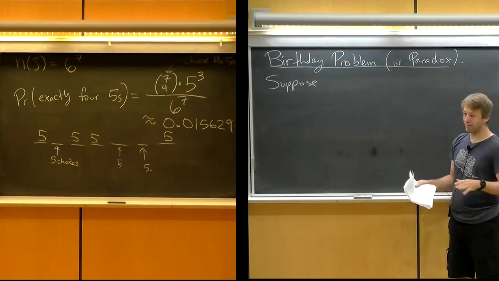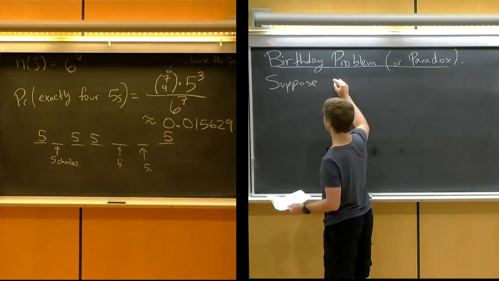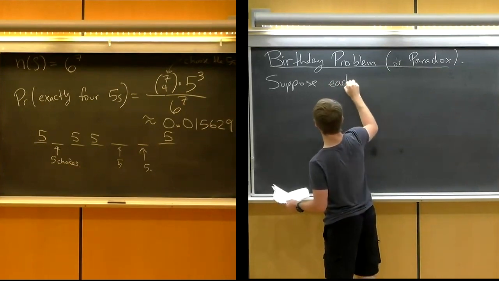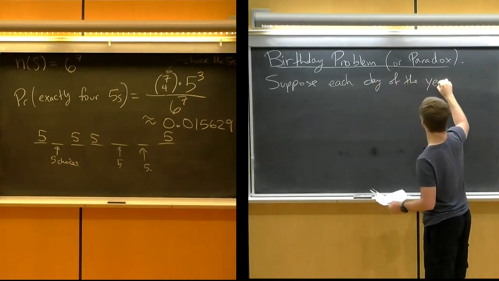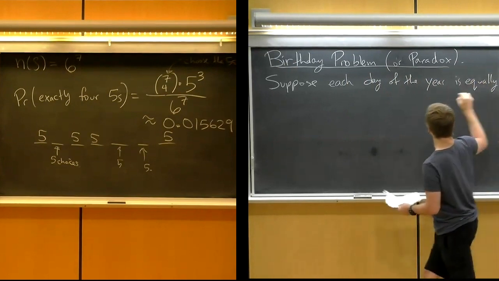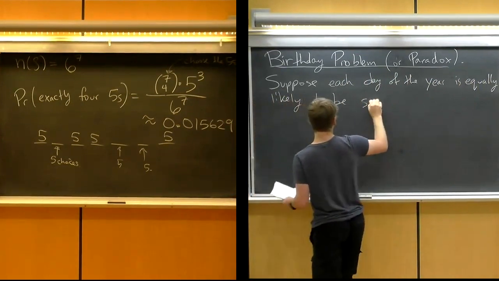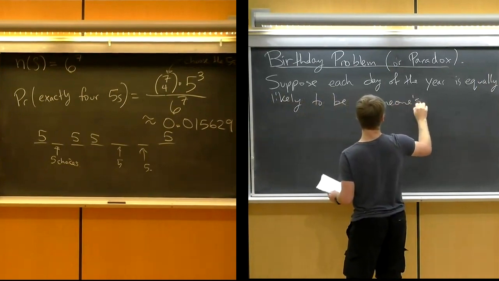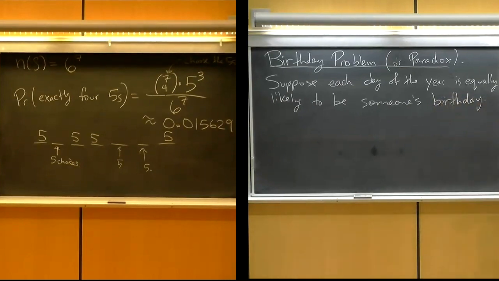And let's ignore leap years, so there is no February 29th. So suppose each day of the year is equally likely to be someone's birthday if you pick a random person. And again, this probably isn't reality, but it's probably pretty close, right?